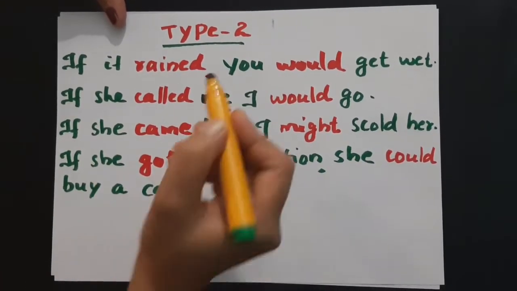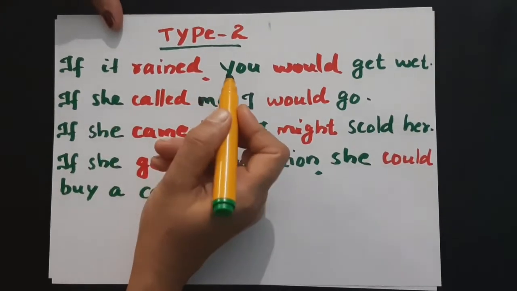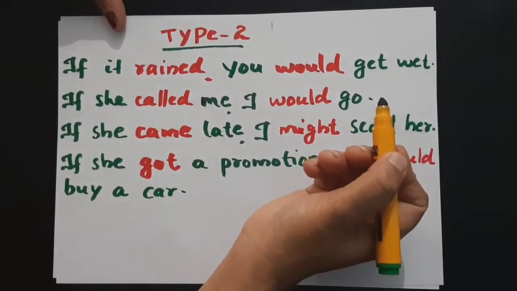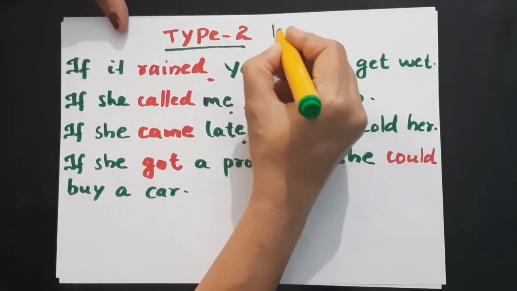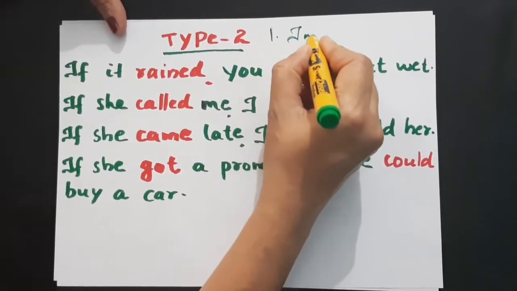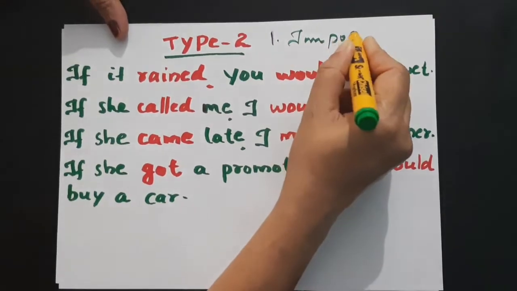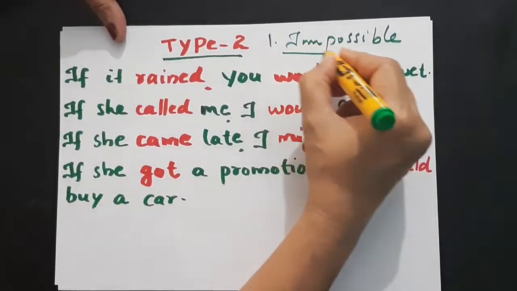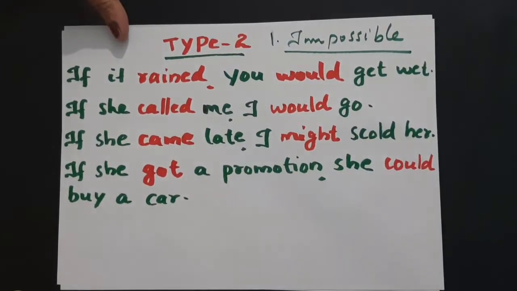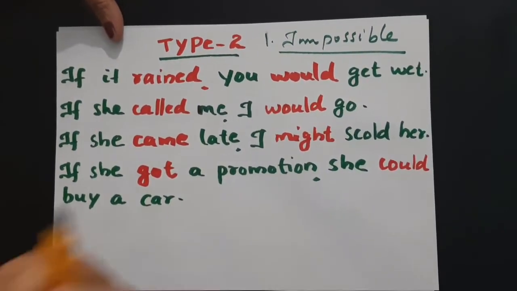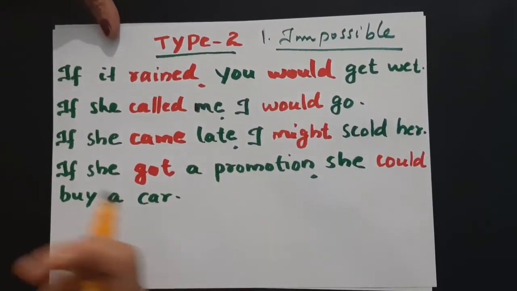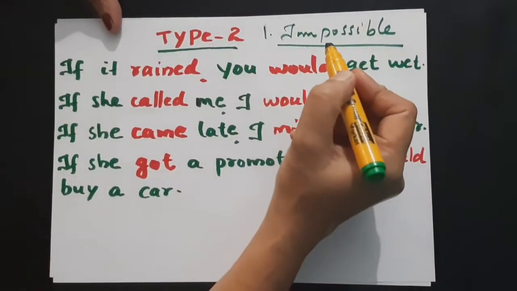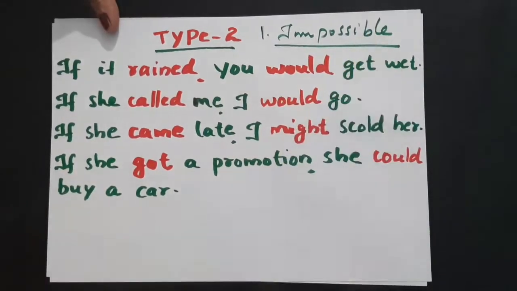The conditions that we put forward are unlikely to happen, impossible conditions. Here we talk about impossible or improbable conditions, or imaginary or hypothetical conditions. So first of all, let's discuss impossible conditions.